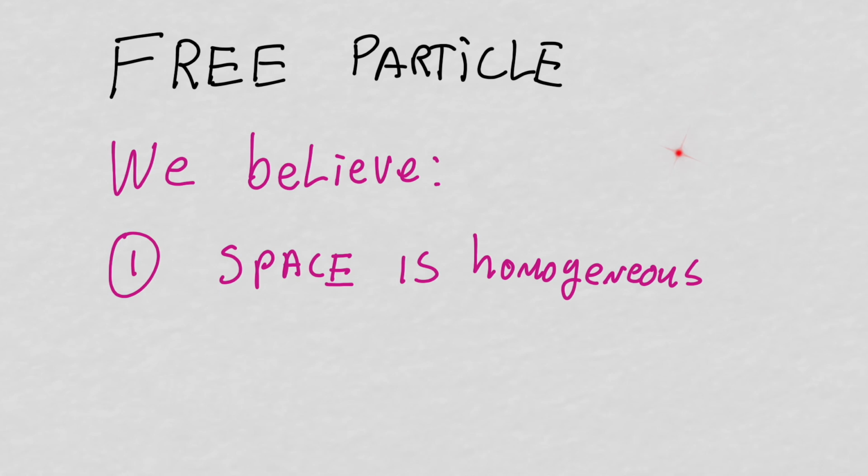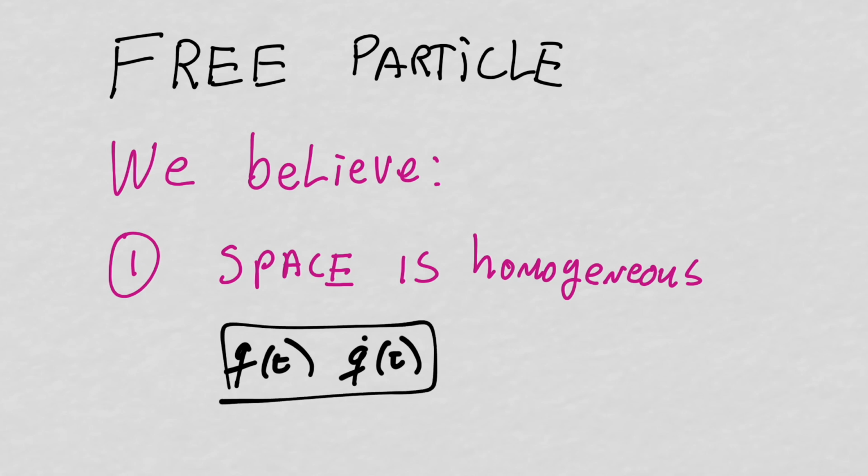That is, if a free particle has a certain type of motion in one part of space, that motion must be demonstrably similar in another part of space. And similar means the action functional must yield the same values for q of t and q dot of t. You better get the same motion described over here as you do over here.